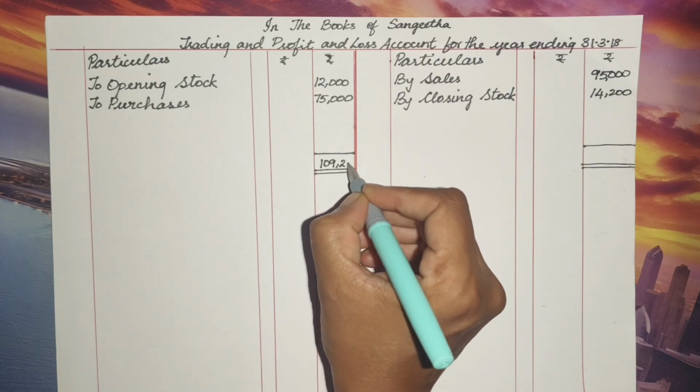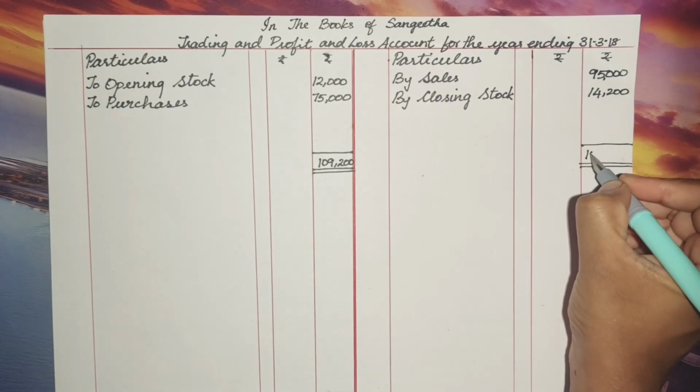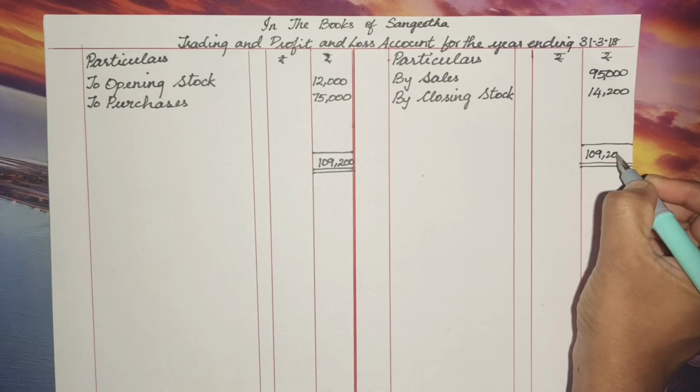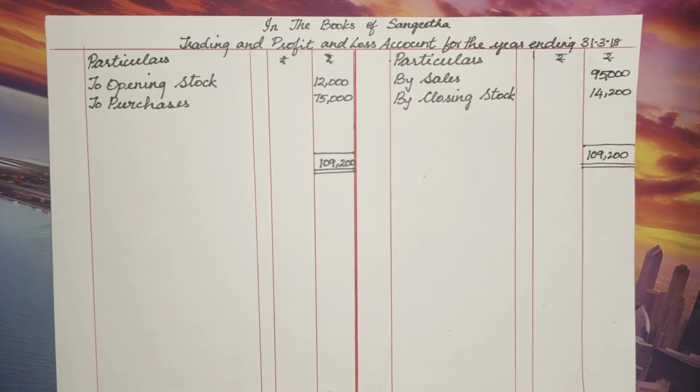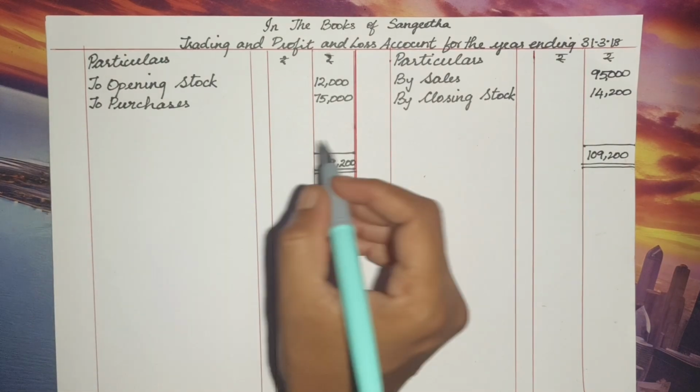Once we finish that, we go to the least side. The least side is the debit side. So on the debit side, we are going to write the answer as 'to gross profit carried down'. So gross profit carried down will be transferred to the profit and loss account. Give that as a narration below.